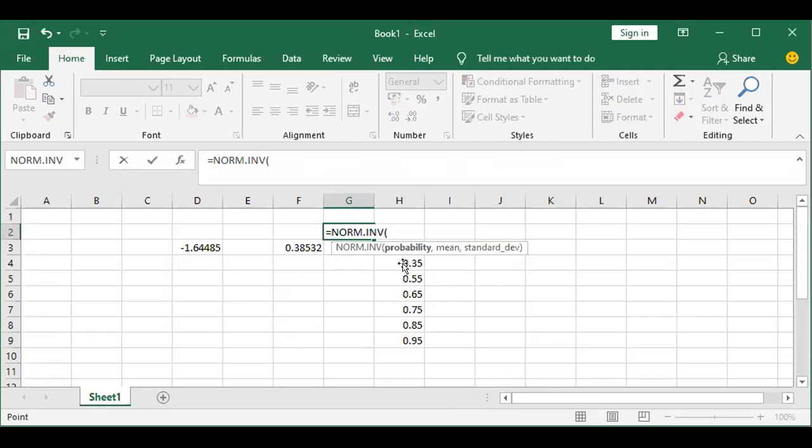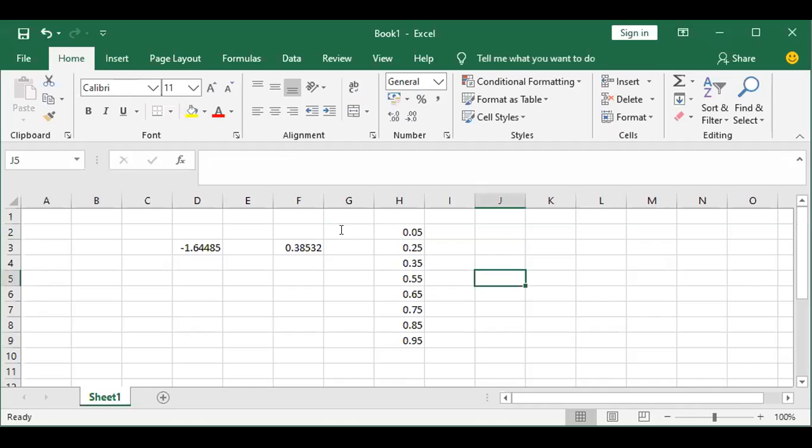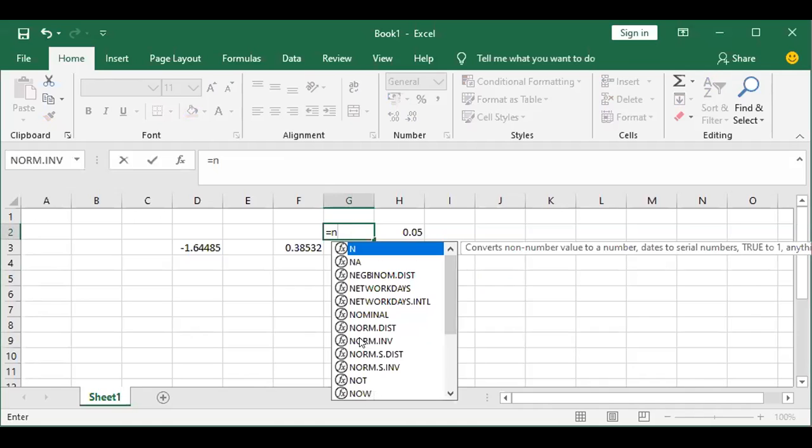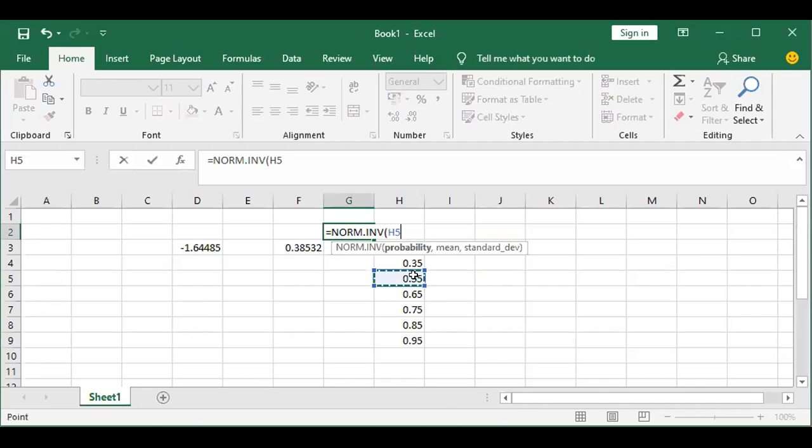I'm now using the value there, 0.35. Okay, here. So it's NORM.S.INV, or normal inverse, which is this, of the value. Okay, and then the mean is 0 and the standard deviation is 1.